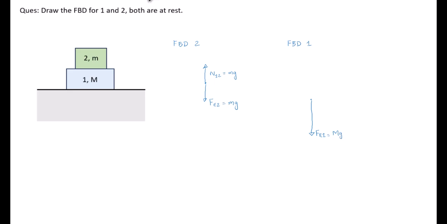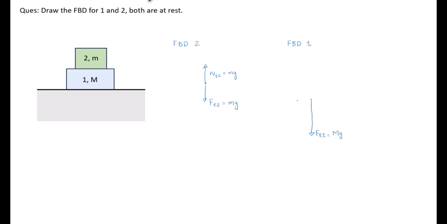That's the reason I've drawn a bigger length in magnitude, because this weight of object 1 is more than the weight of object 2. Is there any other downward force acting on this? Since object 1 is in contact with object 2, and due to the action-reaction pair, there will be a normal force from object 2 on object 1.